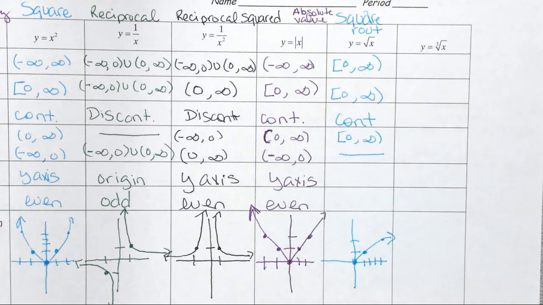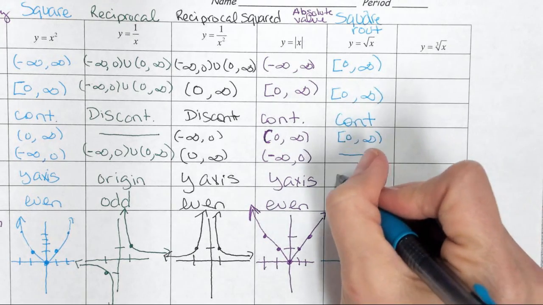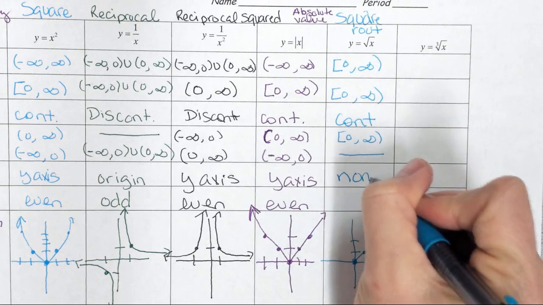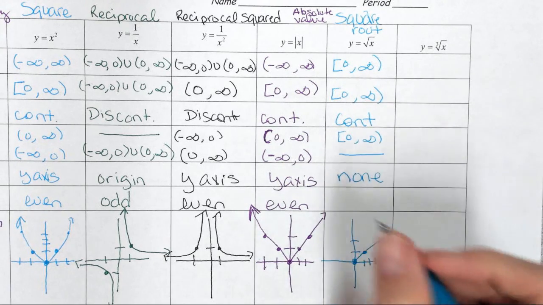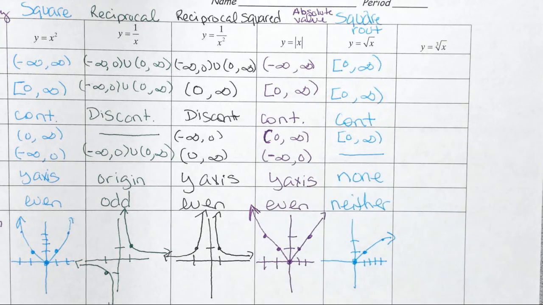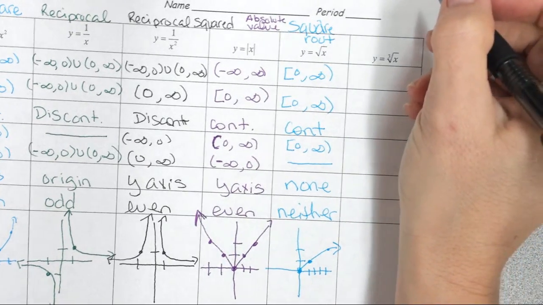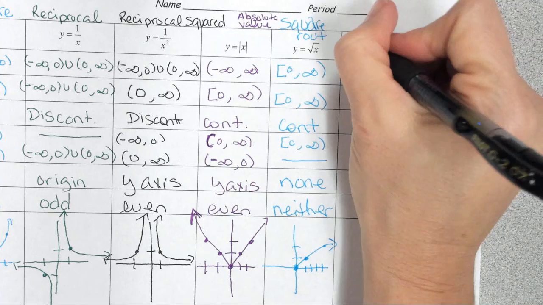There's no decreasing. It's not symmetric about the y, it's not symmetric about the origin, it's none. And because it has no symmetry, it's neither even nor odd. The last one on the front is called our cube root function.